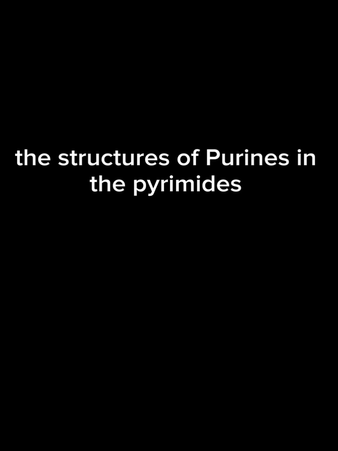You have to look at the 2 types of structures of purines and pyrimidines. That is when you are going to see that there are 2 rings in purines and 1 ring in pyrimidines.